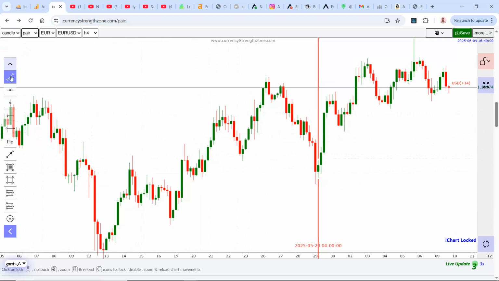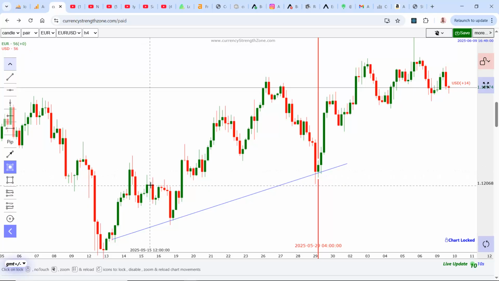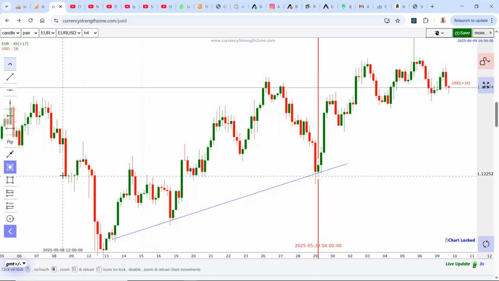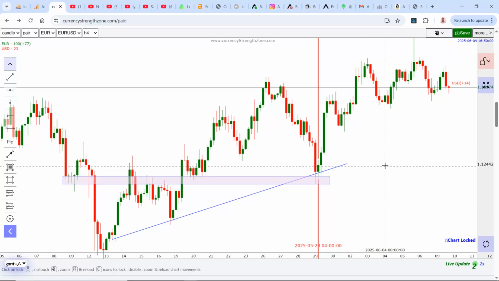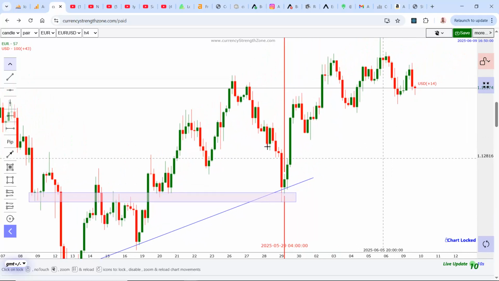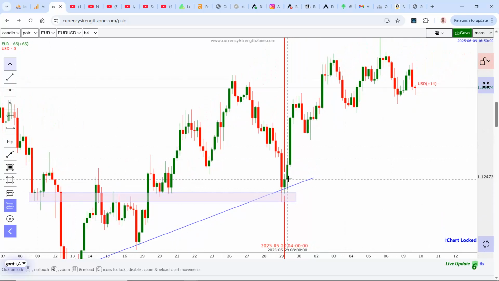On Euro USD, we can have some trend line over here, since the Euro is willing to buy. We can have some support and resistance zone here, where price usually bounces from. So we can have a potential.